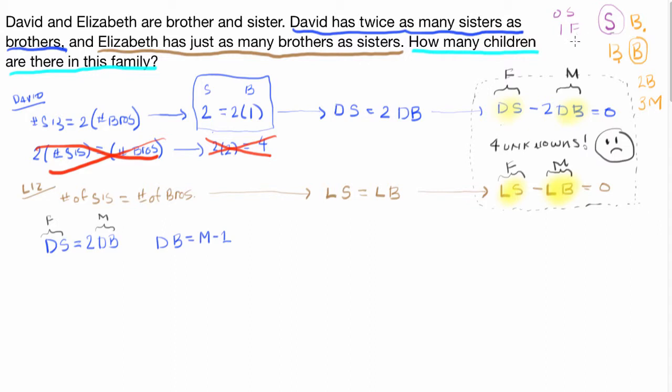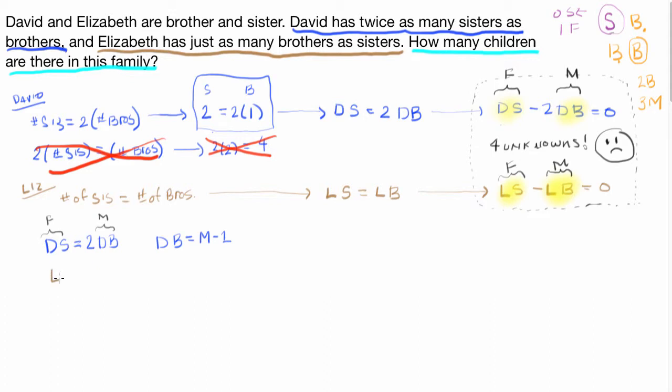So notice what this is telling us. It's telling us that the total number minus 1 equals the siblings that you belong to, for sisters and for brothers. I want you to sit there and think about that for a second. I'm going to draw the other one and you'll see exactly what I just said.